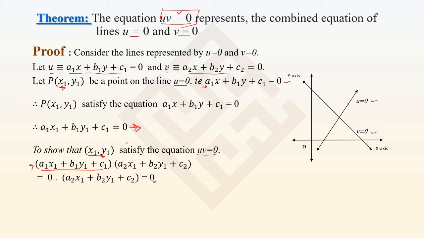Now what do we get, अगर हमने x1 कॉमा y1 लेफ्ट हैंड साइड में पुट कर दिया हमें मिल गया, it is equal to right hand side. So we can say that this point is going to satisfy the equation u into v is equal to 0.